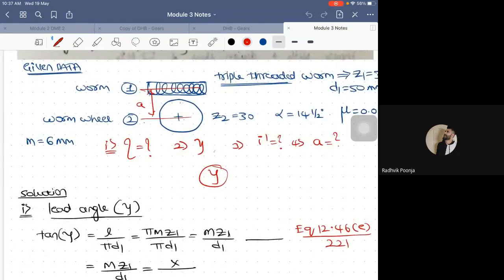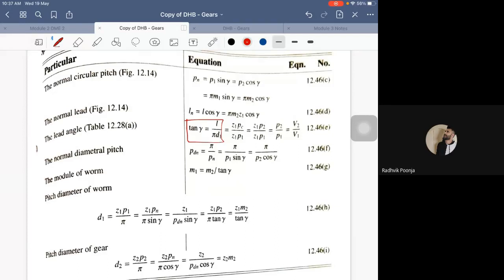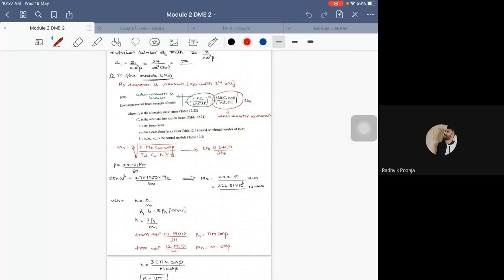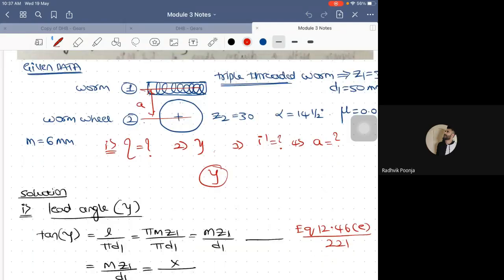Tan of gamma equals L divided by pi d1. What is L?